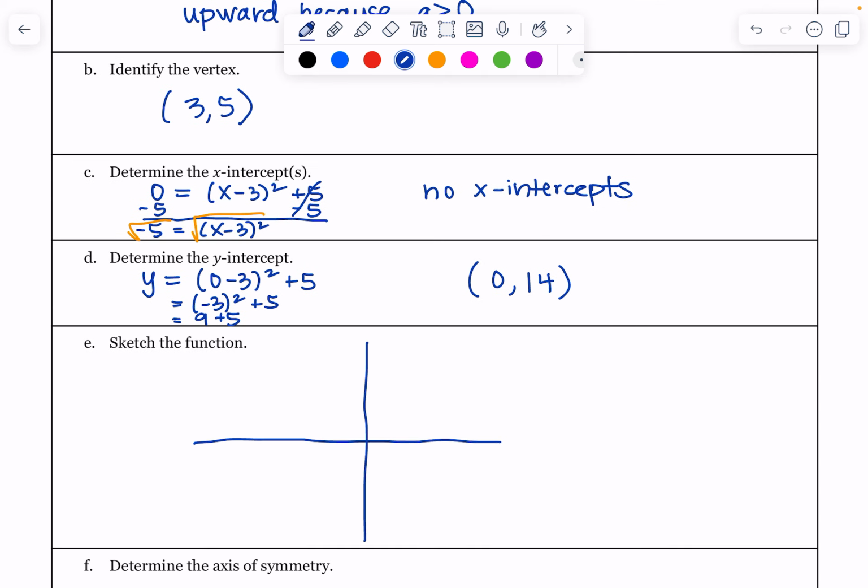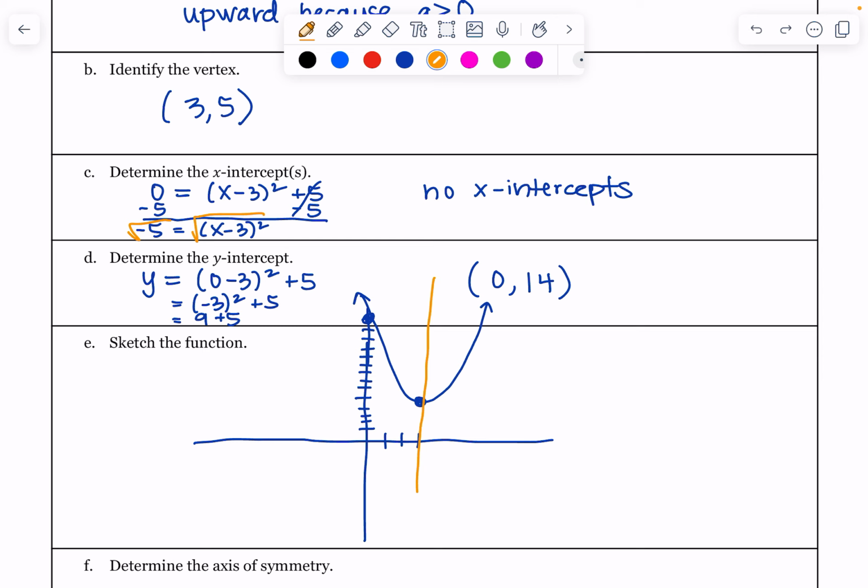If I have just a rough sketch here, (3, 5) will be my vertex, and my y-intercept is going to be at 14. It's going to look like so. Because of symmetry, the axis of symmetry would be here. I'm 3 steps away from my y-intercept at 14, so I can also go 3 steps this way and get a dot at 14 as well.